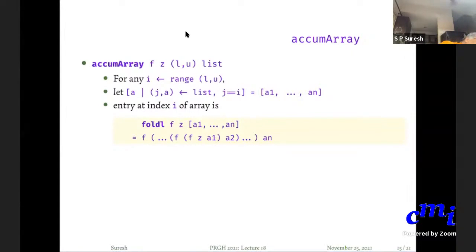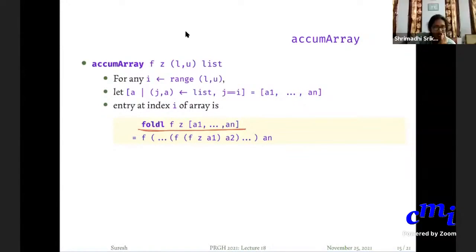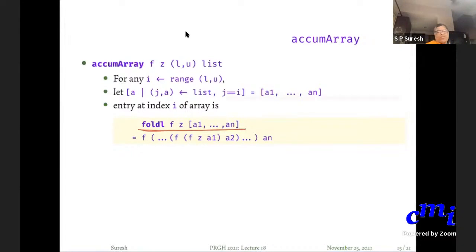That is where Z comes into play. But it will do this in time proportional to the length of your final array. As it goes and builds the array, it will go through your list once from left to right, and as it goes through, it will do whatever it needs to do in filling in the array.